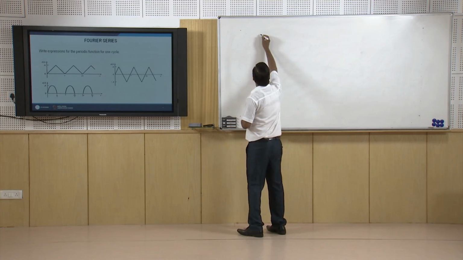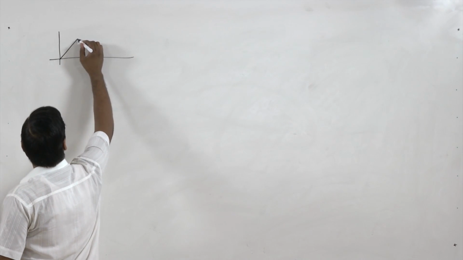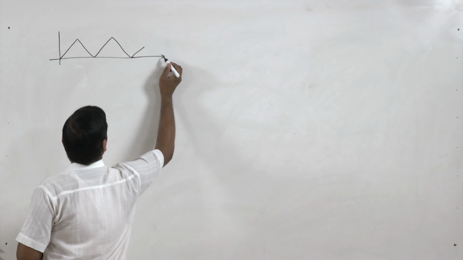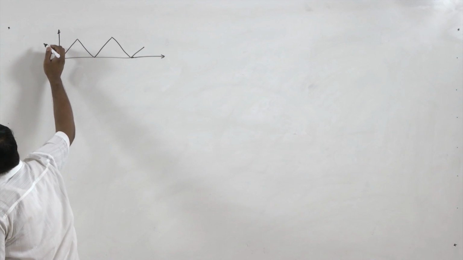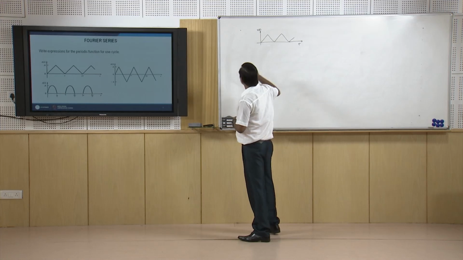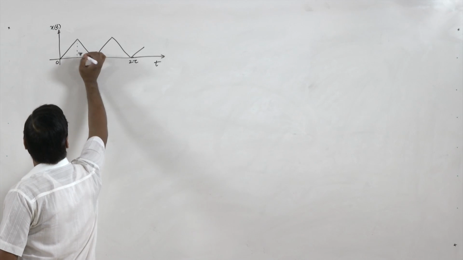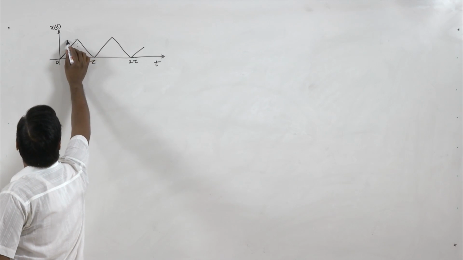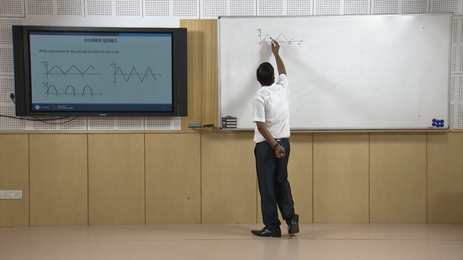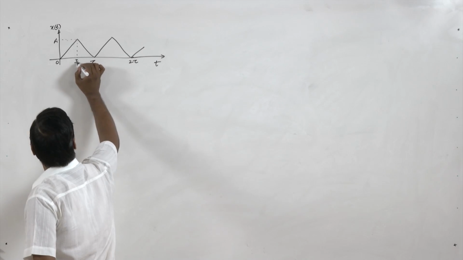So here we have this problem. Here x(t), t, 0, tau, 2 tau, and this is A. So let's say from the figure it is clear that this is symmetrical, so this is tau by 2.